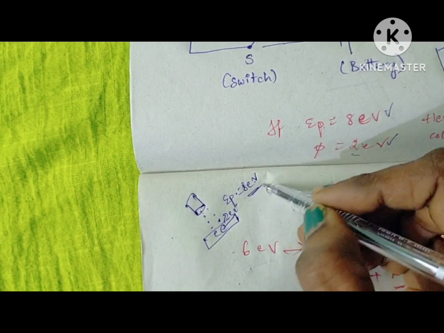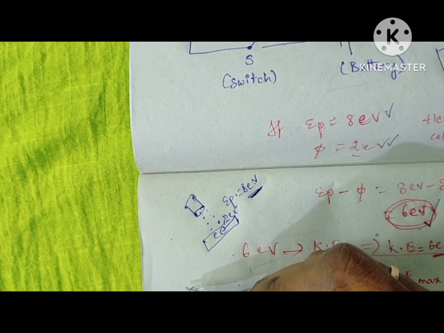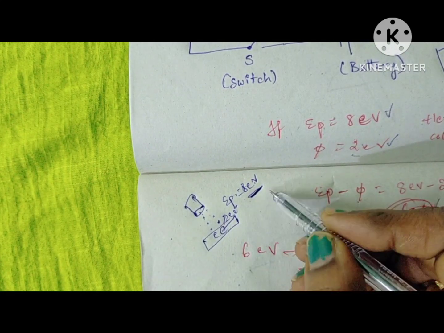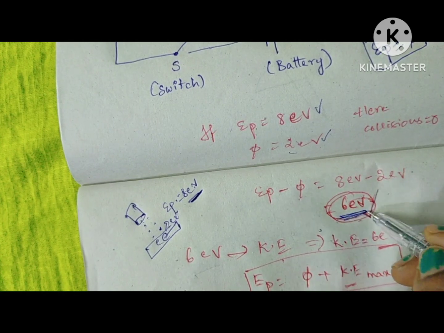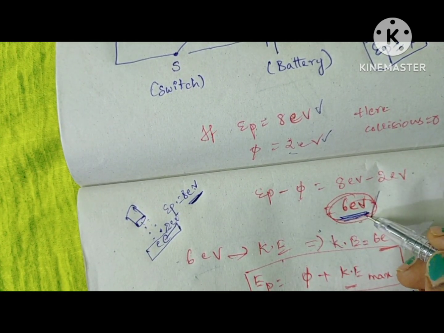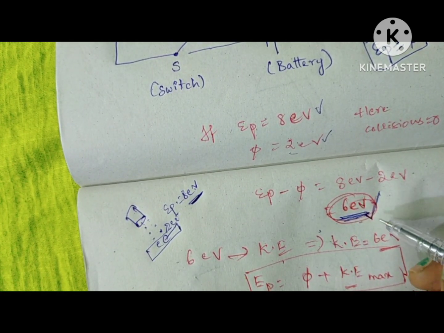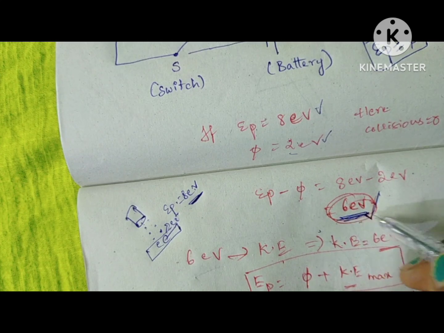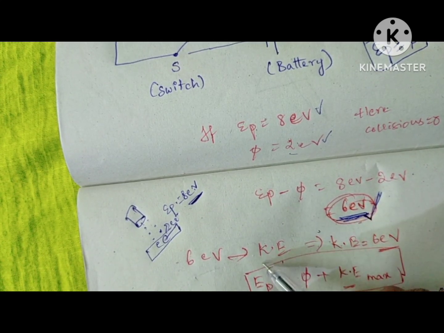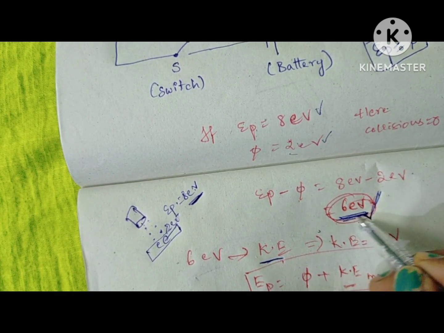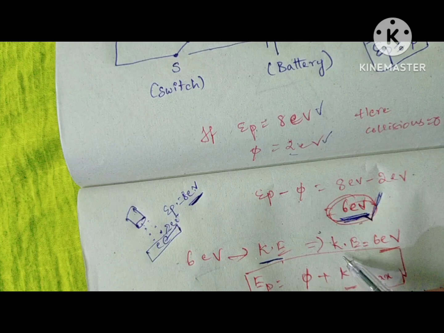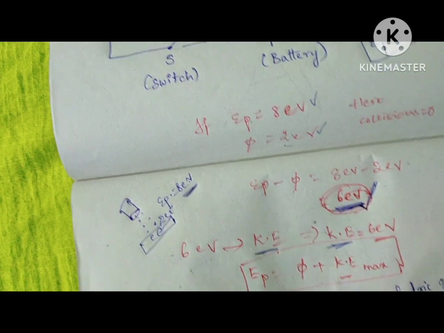But here we have 8 electron volts of energy. What about the remaining 6 electron volts? Where does this energy go? This remaining 6 electron volts of energy is converted into kinetic energy.